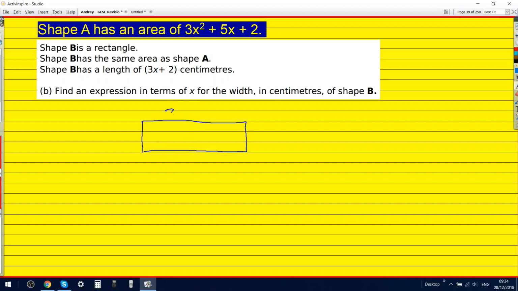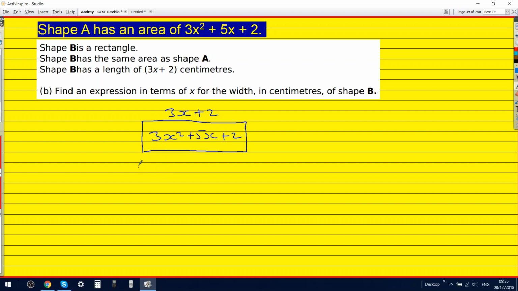The length is 3x plus 2. The area is that. You have to get the width. How to do that? So I need to find 3x squared plus 5x plus 2 divided by 3x plus 2.